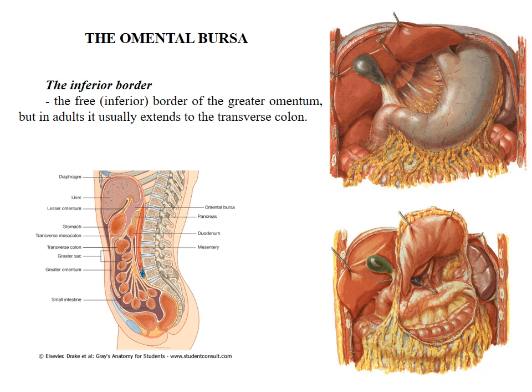The lesser omentum has 4 layers, 2 anterior and 2 posterior, and the most inferior part between these 2 layers is the inferior border of the omental bursa. But usually in adults, it is the place for the attachment of the gastrocolic ligament to the transverse colon.